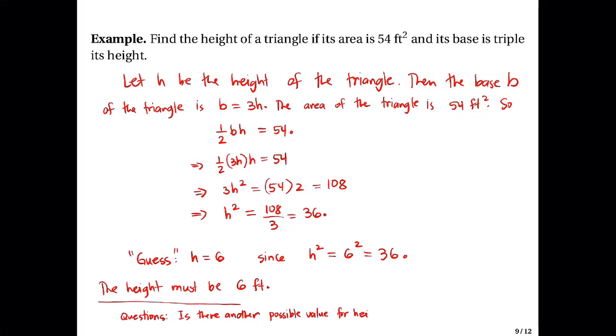We will answer this part when we discuss quadratic equations. Questions?